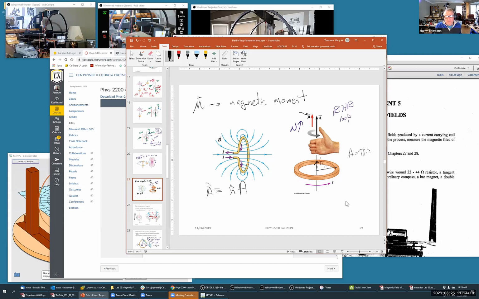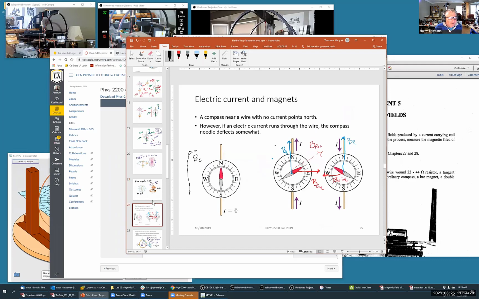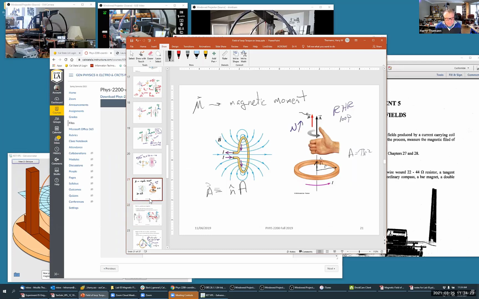And you may recall this from Gauss's law. So mu is just equal to capital N, the number of turns, the number of wire loops, times the current times the area, times n hat.